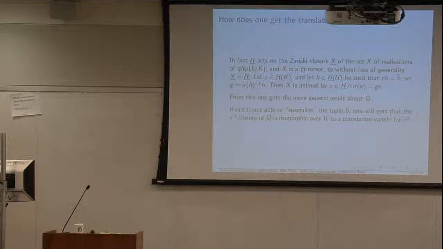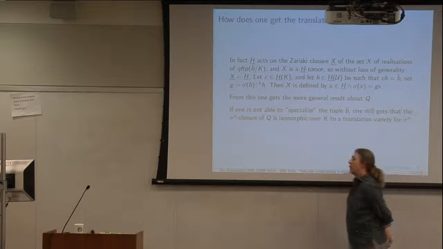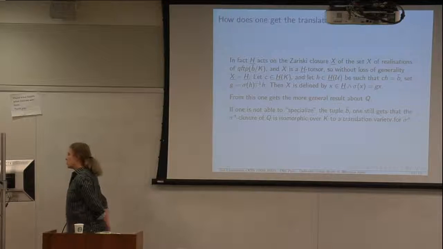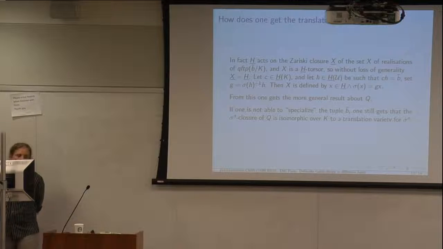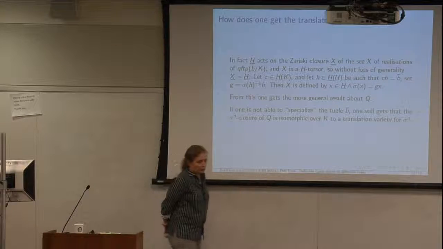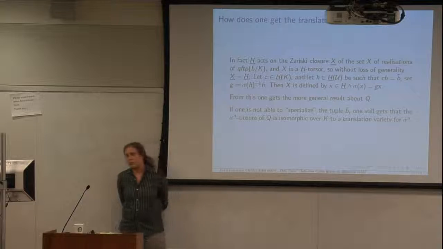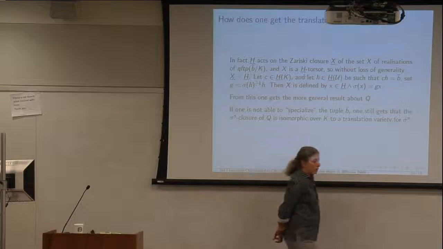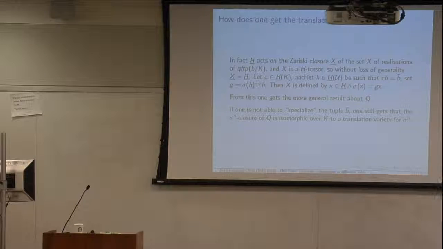Let's see what happens when we apply this to algebraic dynamics. Now, if you think about algebraic dynamics, how do you associate to an algebraic dynamic a difference field? Well, that's very easy.